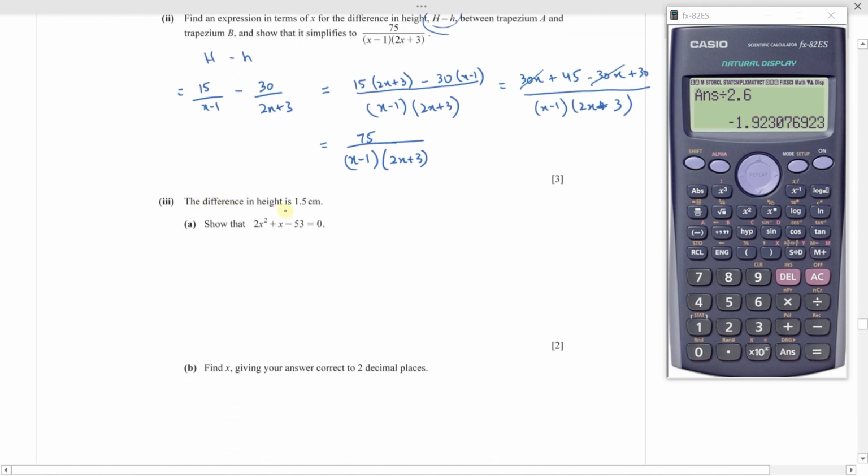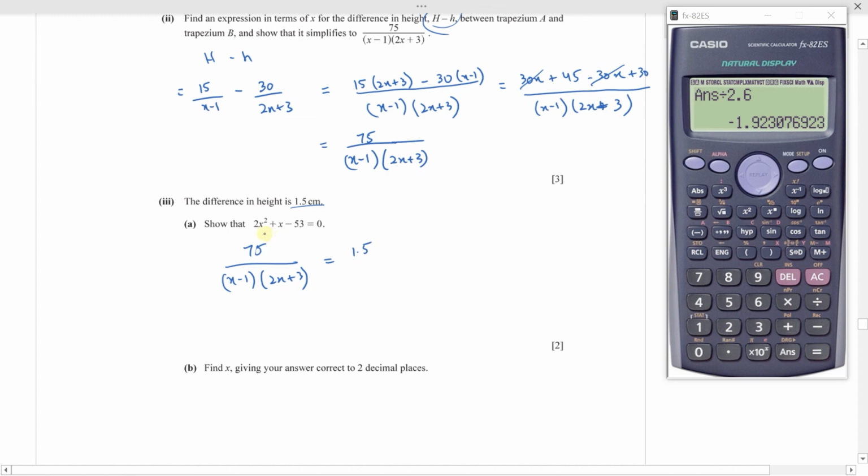Part 3, the difference in height is 1.5 centimeter. Show that this is equal to 0. So now you have found the difference in the previous part and you're given that difference is 1.5. So this difference that you calculated in the previous part, 75 over x minus 1 into 2x plus 3, equals 1.5.